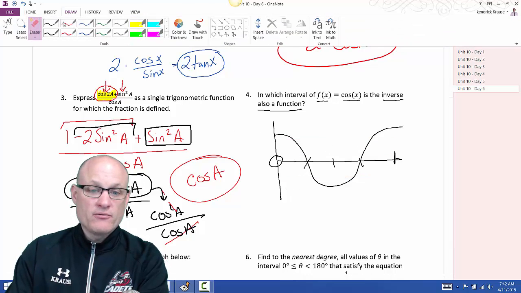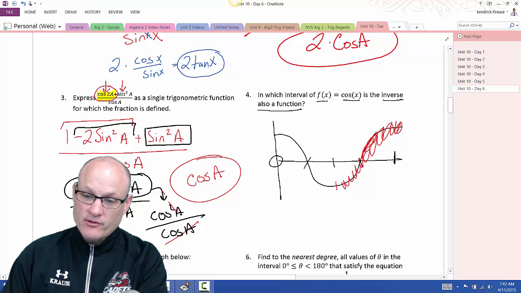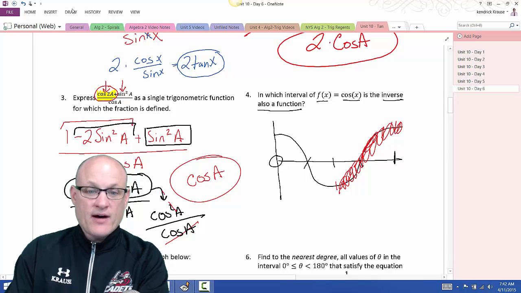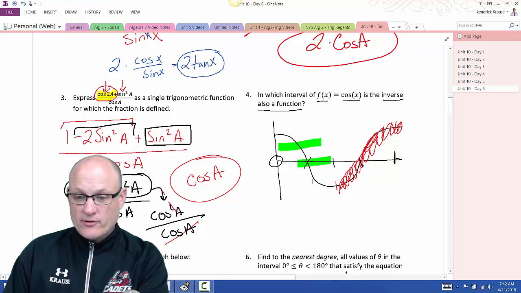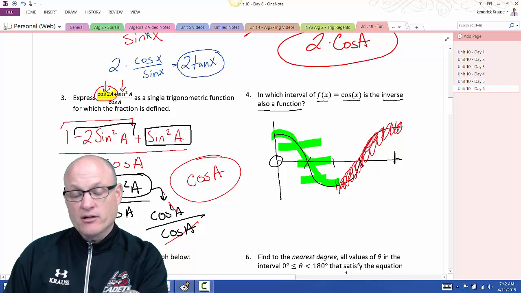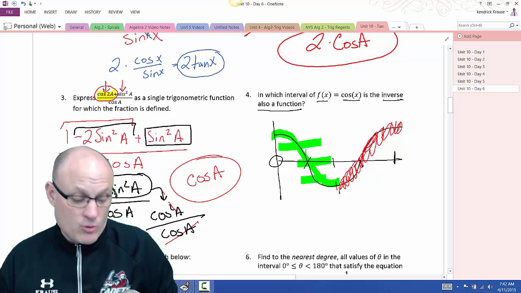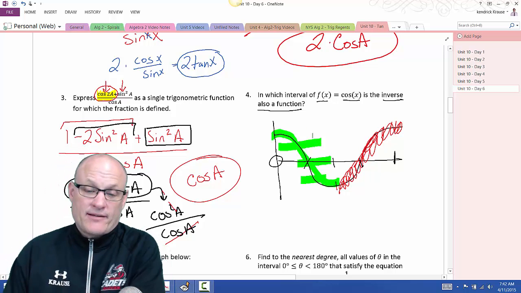get rid of from here over, so this part right over here no longer existed, then if I were to draw in vertical lines, since this isn't here, it's not going to hit it, correct? So if I can restrict it from here just down to here, then the inverse would be a function, because then it would pass the vertical and the horizontal line test.